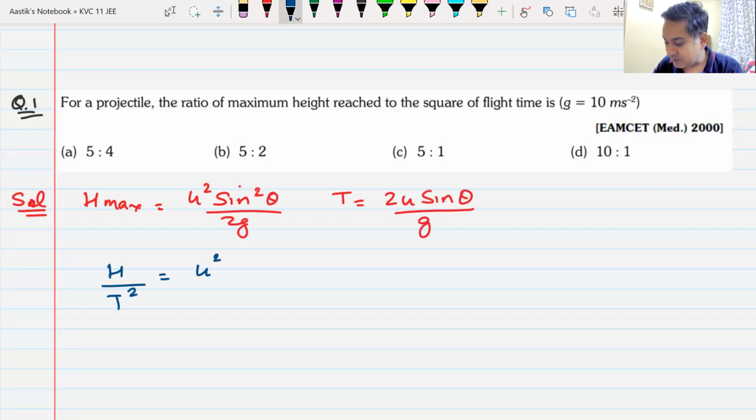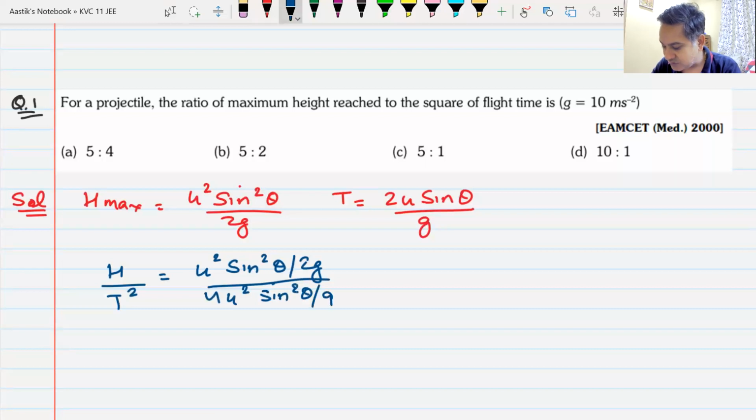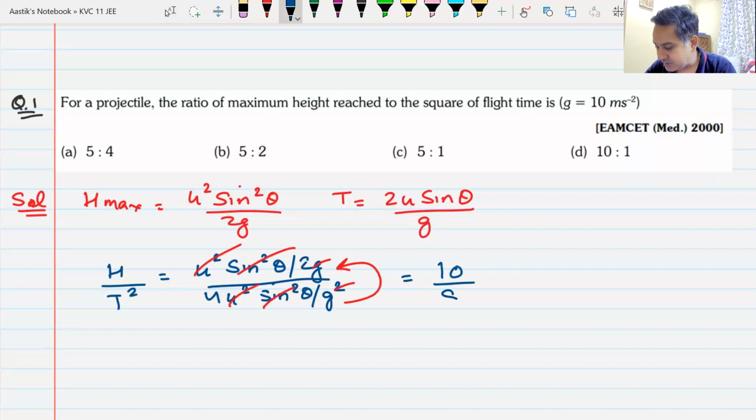So h by t square becomes u square sine square theta by 2g divided by time square, so it becomes u square sine square theta by 2g times g square over 4u square sine square theta. U square cancels, sine square cancels, one g and one g cancel, the other g goes to the top, so it becomes 10 by 8. G is 10, 10 divided by 8, and the answer is 5 by 4.